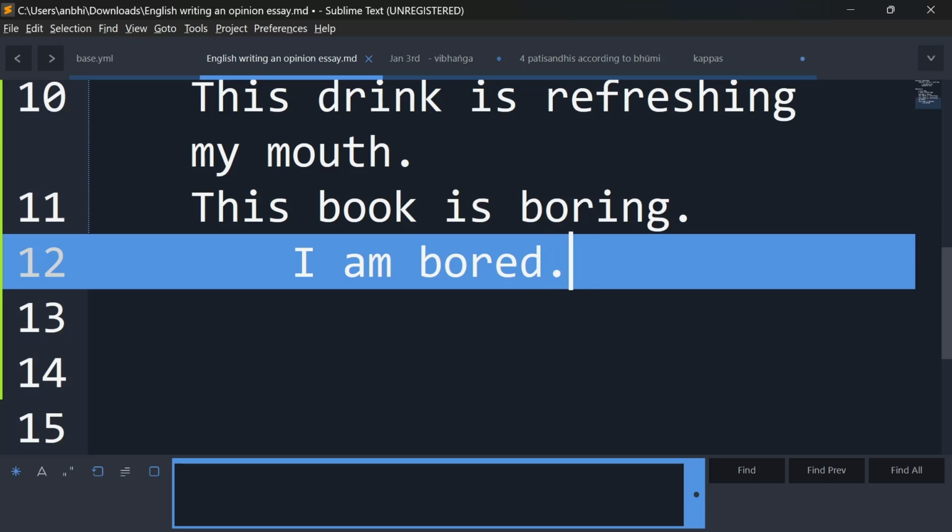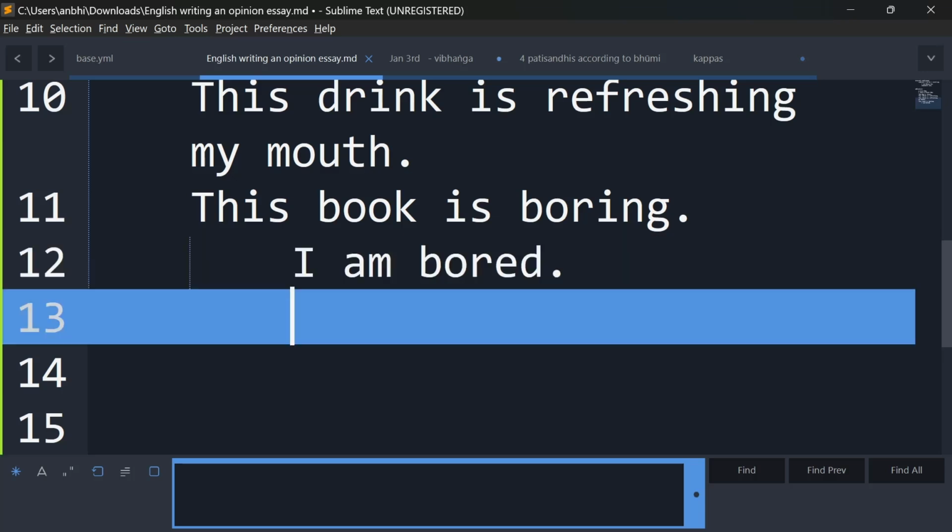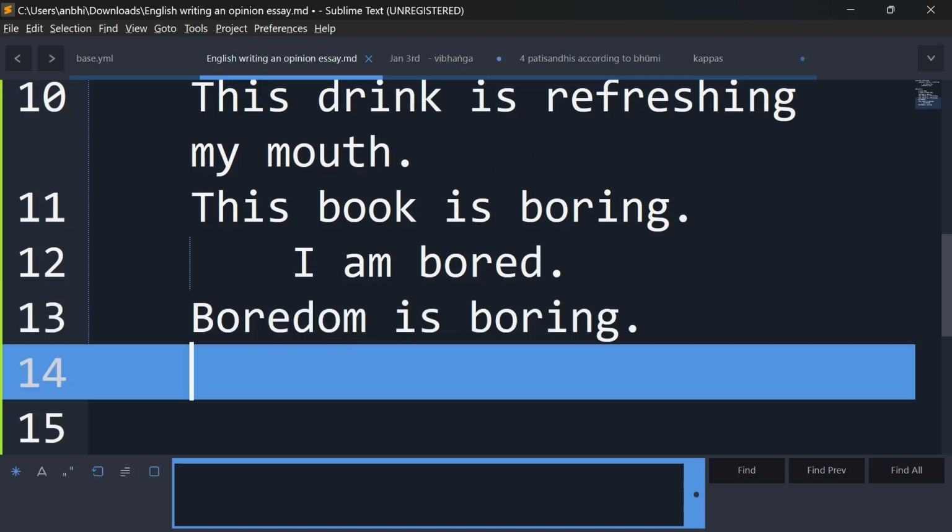Yes. I am bored because this book is boring. Remember, boring is something that causes boredom. The noun is boredom. Boredom is boring. Okay?